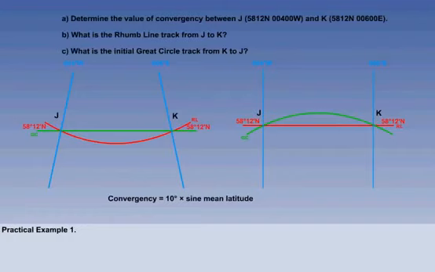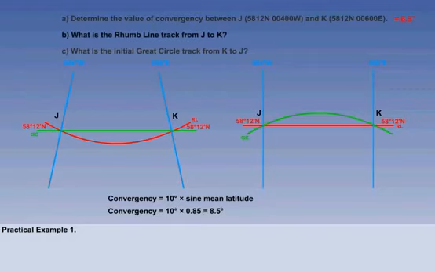Going back to our example calculation, the sine of 58 degrees 12 minutes is very close to 0.85. So the convergency is 8.5 degrees. That's the first part of the problem solved. Now let's look at the second part.